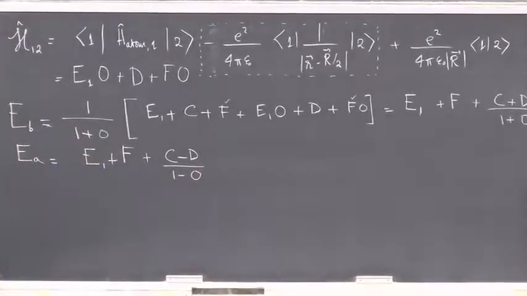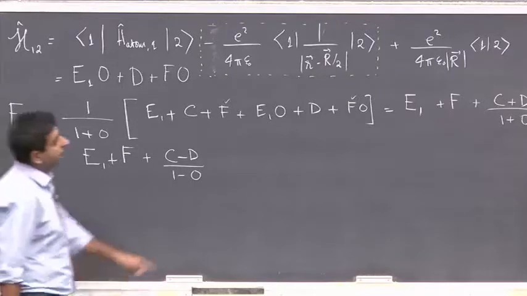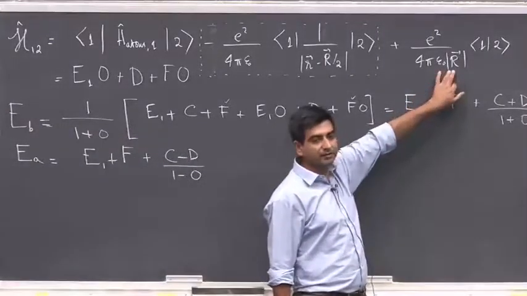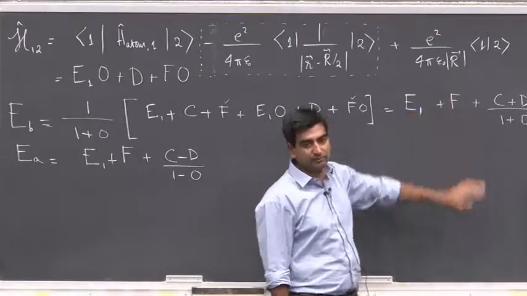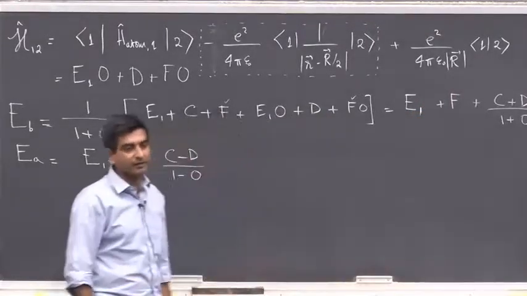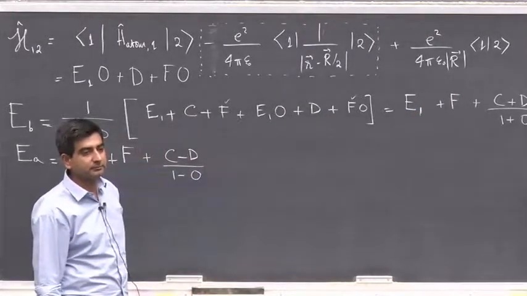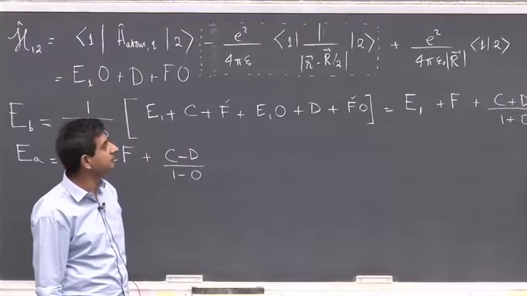So, in the term that we labeled F, there is 1 here. Yes, and so in this case, we also have this at 1, 2. R, capital R, is a constant as far as the electronic coordinates are concerned, so it can be pulled out of the integral. So how do we have an F here now?